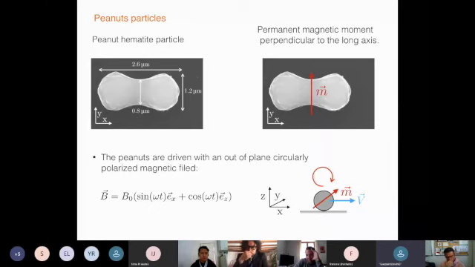So this is the difference between the peanuts and the nanorods. And like in the experiments with the microrods, the peanuts are driven with an out-of-plane circularly polarized magnetic field, so an out-of-plane field in the ZX plane, and the peanuts will move with the driving field with the velocity v.